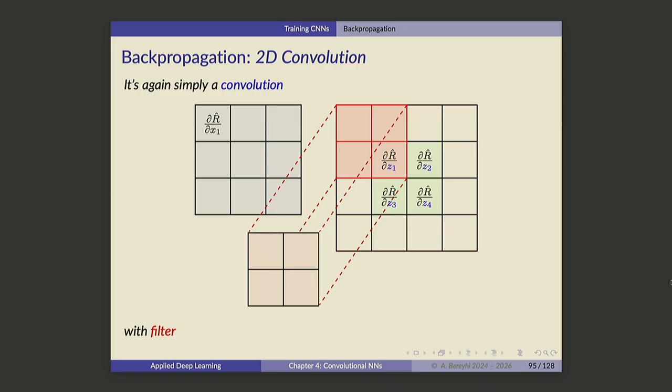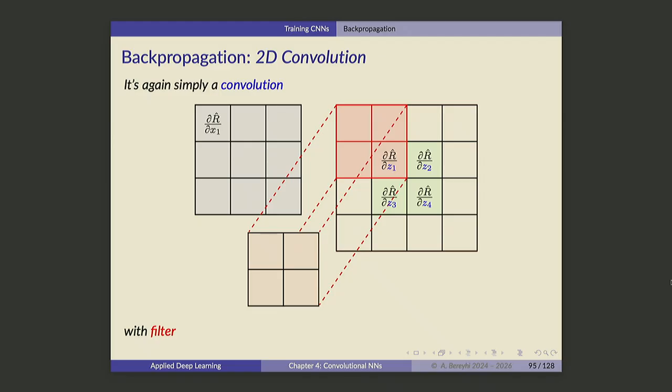Just think about the very first term. This one, I am computing gradient of r hat with respect to x1. It means that this term is going to get a weight here multiplied with this gradient of r hat with respect to z1. What is that term?